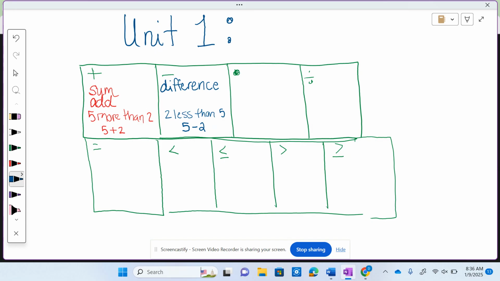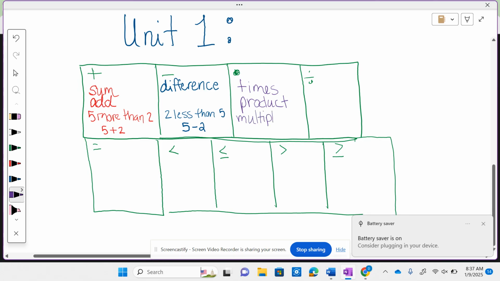Okay. What symbol means that we need to multiply? Or what word means that we need to multiply? Times. That's a good one. What else? Product. Yeah. That is probably the most important one. Times and product. I think that's good. Oh, what were you going to say? Multiple. Okay.